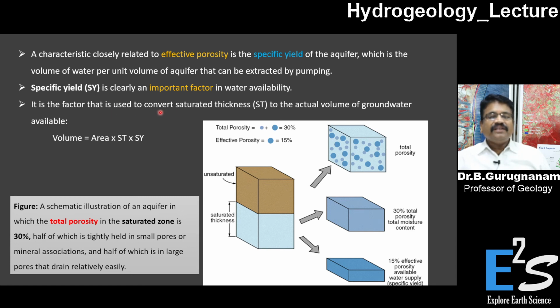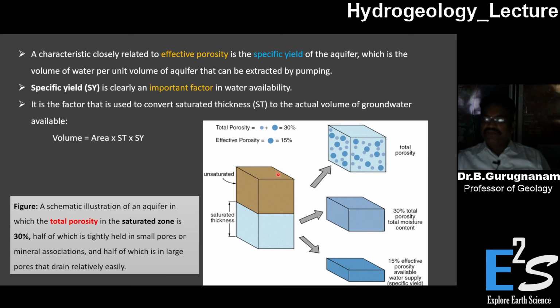It is a factor that is used to convert saturated thickness, this is another terminology, saturated thickness, to the actual volume of groundwater. The volume is calculated with respect to area times saturated thickness times specific yield. So the diagram is represented here.